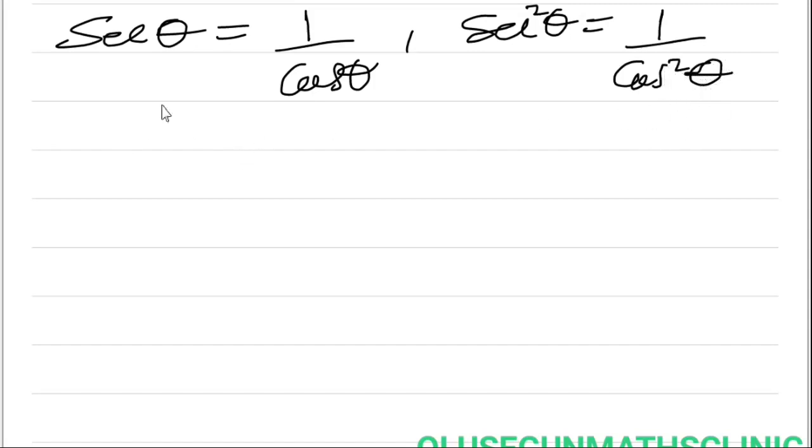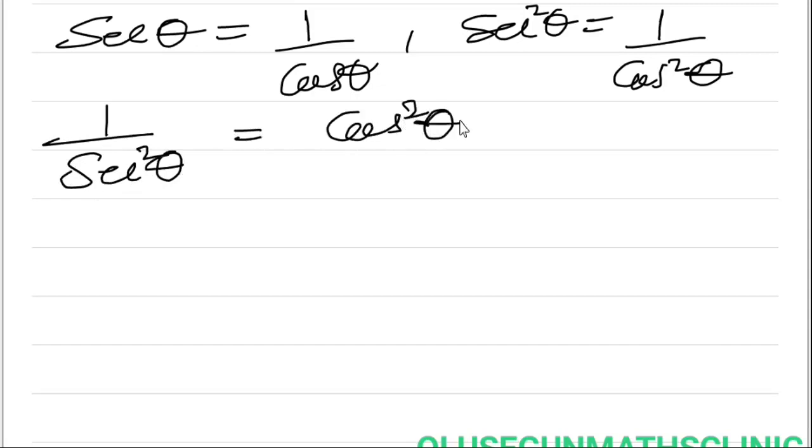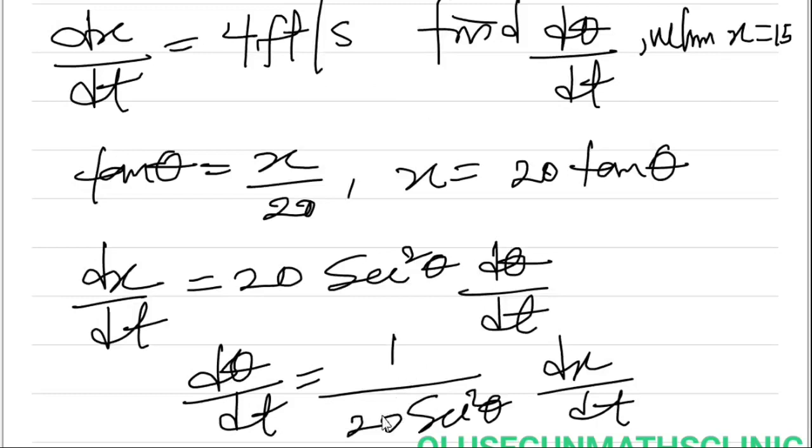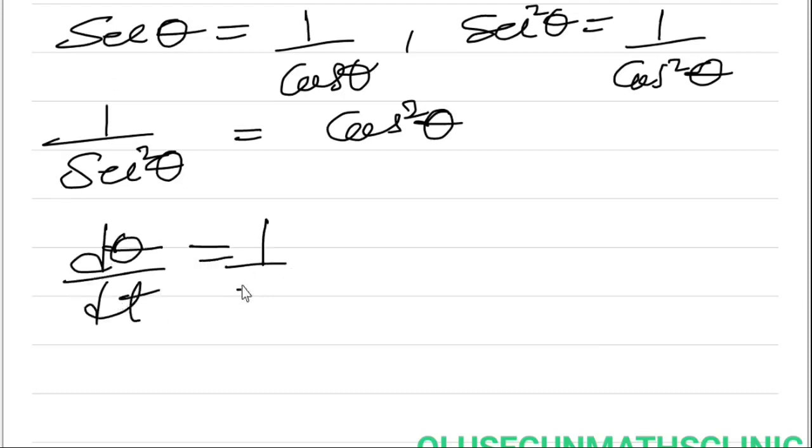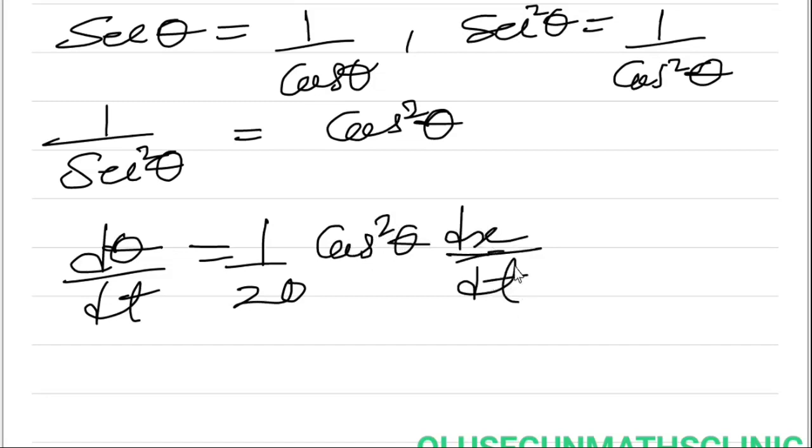Therefore, 1 over sec² θ will be cos² θ. So instead of writing 1 over 20 sec² θ, dθ/dt is equal to 1 over 20 cos² θ times dx/dt.